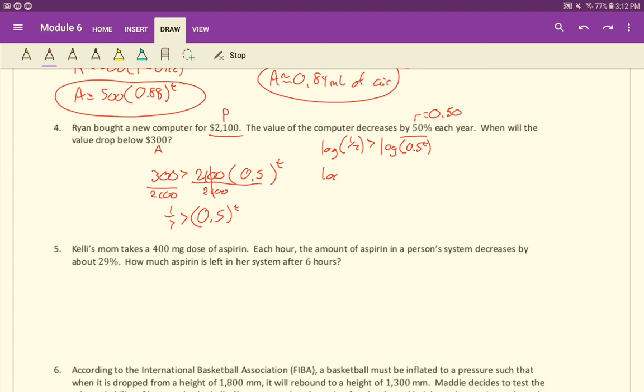So we'll have log of 1/7 is greater than T times the log of 0.5, and then divide both sides by log 0.5. Those cancel, and we'll go ahead and put this into our calculator. Log of 1/7 divided by log of 0.5.